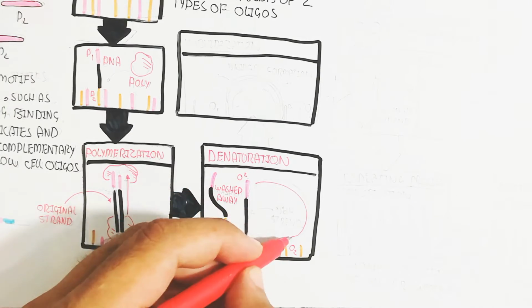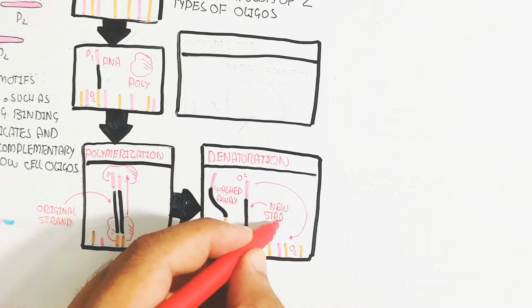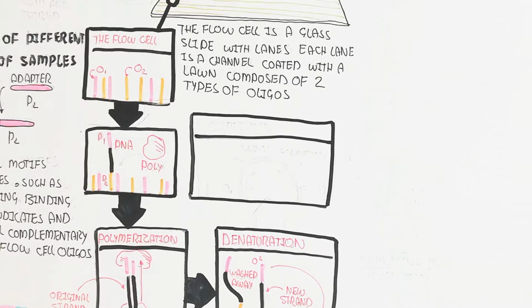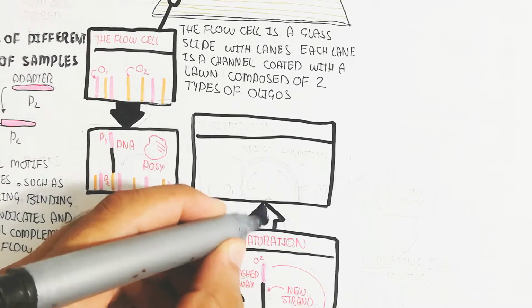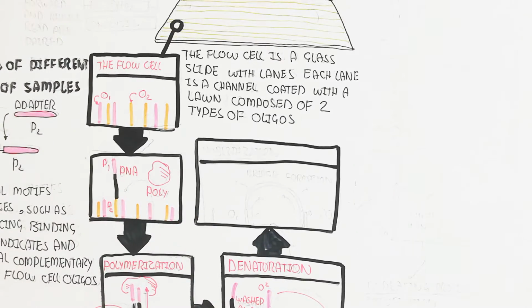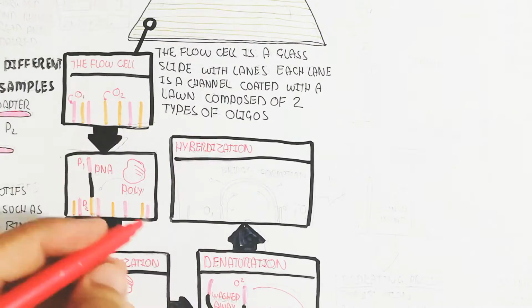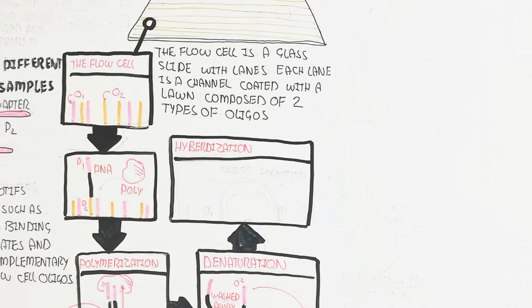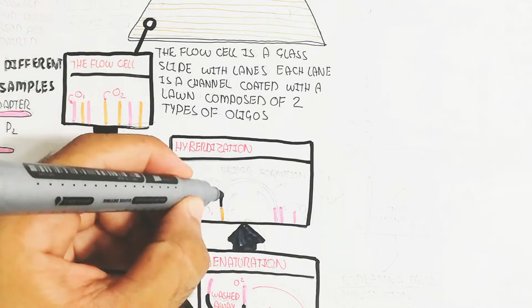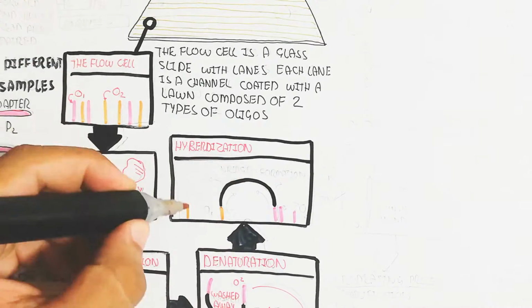After repeating the process, amplification will occur, the clonal amplification of all fragments, equal to the new strand bound with oligo 1 or 2. So in this way we learn the process. Hybridization will occur, meaning the bridge formation will occur.